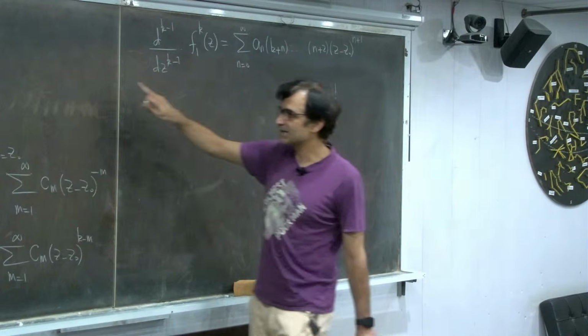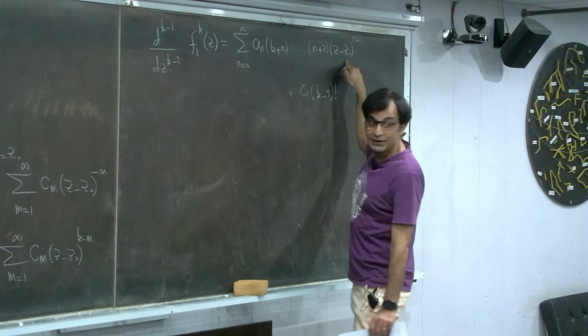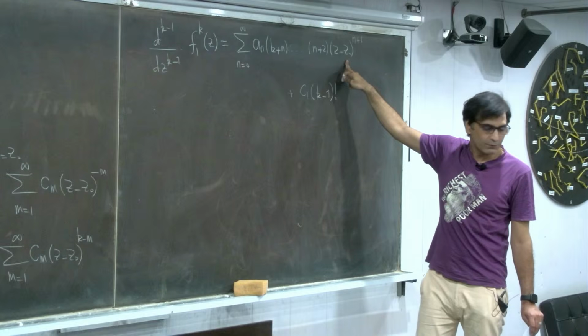Now the third step is to take z equal to z naught. This is a regular part and it remains regular when I take the derivative.